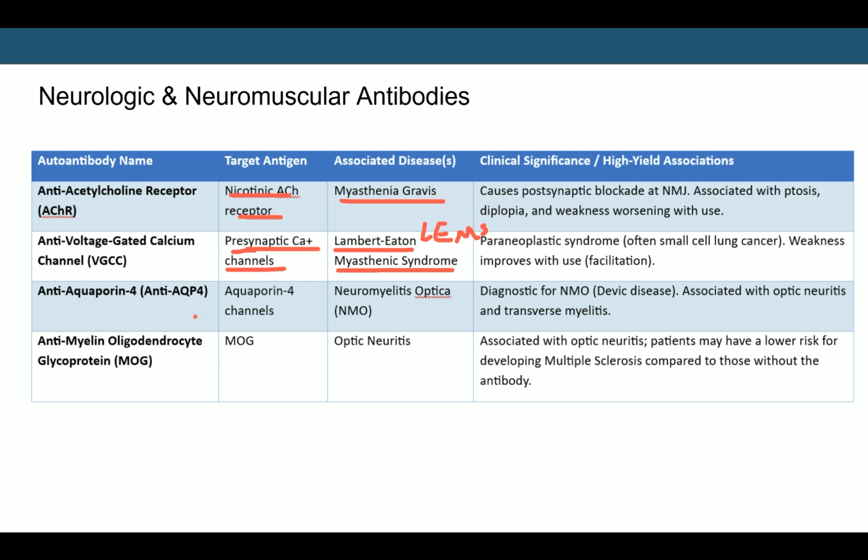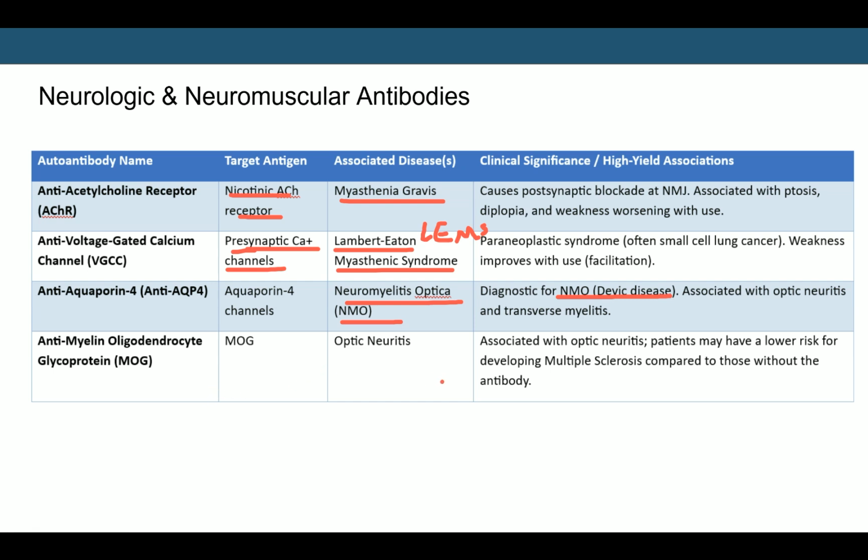Next, anti-aquaporin 4 channel antibodies, and this is for neuromyelitis optica. This is diagnostic for Devic disease. It's also called neuromyelitis optica, Devic disease. So in Devic disease, you basically get optic neuritis and transverse myelitis at the same time. The other one is going to be the anti-myelin oligodendrocyte glycoprotein, MOG.